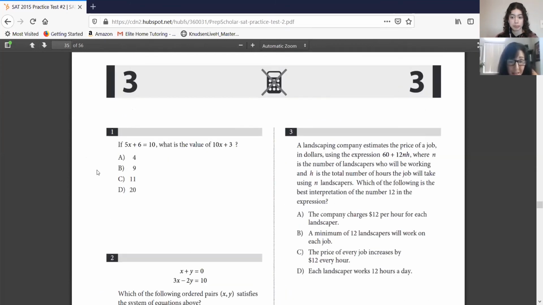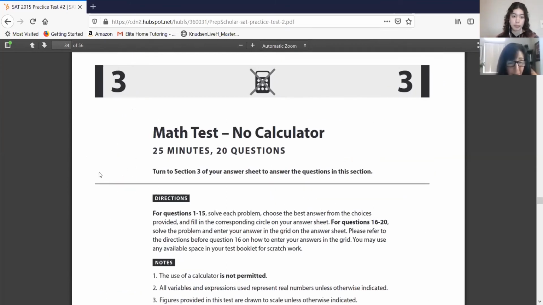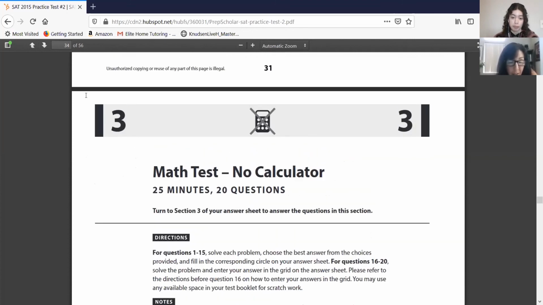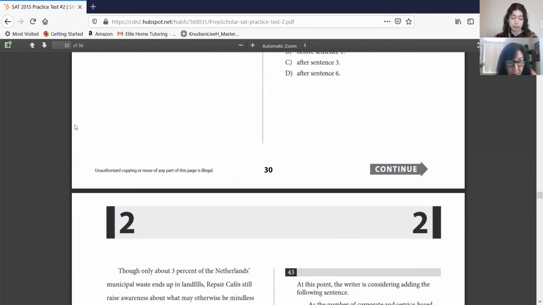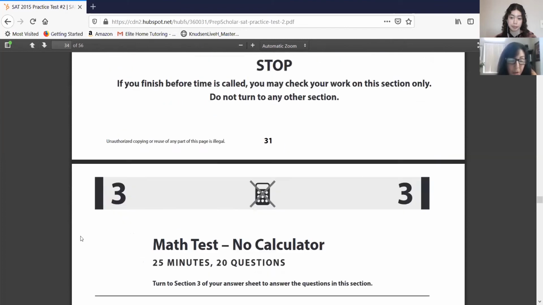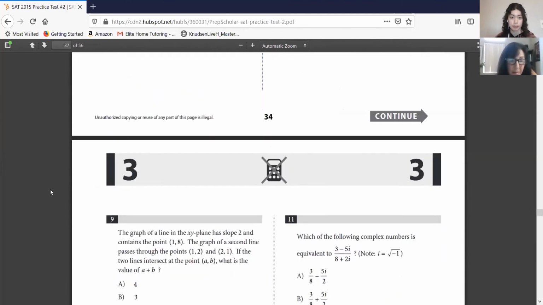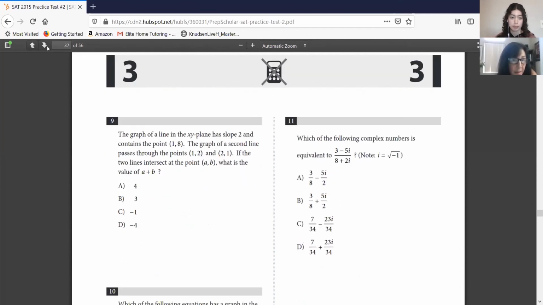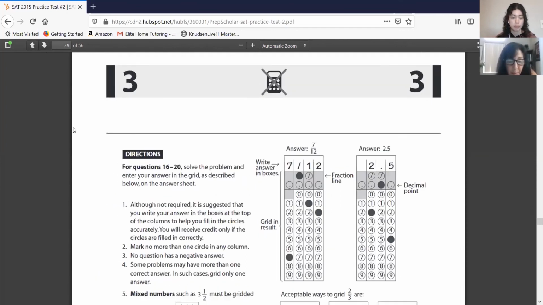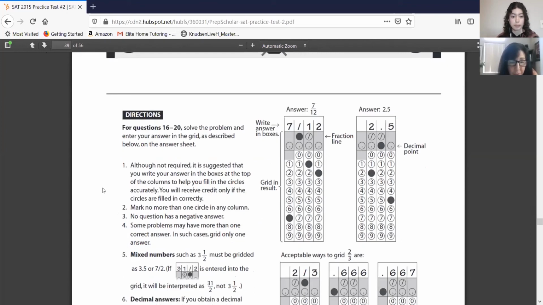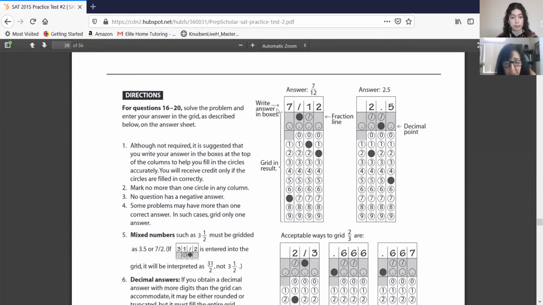And then the last, we won't have time for that, but I do want to show you what the free response looks like. Okay, here is our free response. Notice that there are 4 spaces for you to put numbers, a fraction sign, or a decimal.